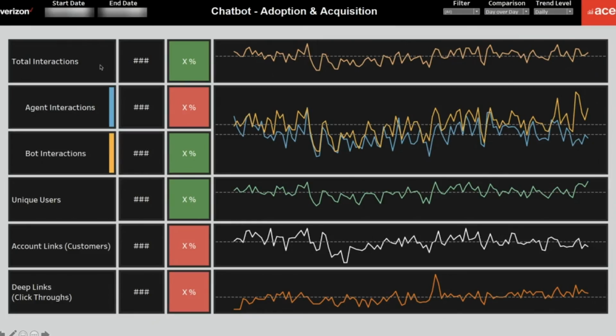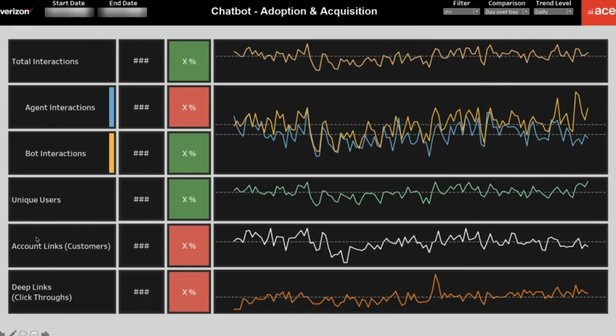So we started with certain key metrics such as the total interactions. First of all, you look at how many interactions are being performed in the bot, and break that down into how many are being performed by the bot versus by an actual live agent. Then we looked at unique users. How many unique users are we acquiring?